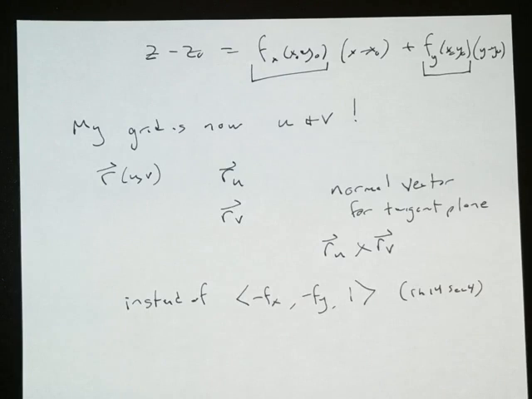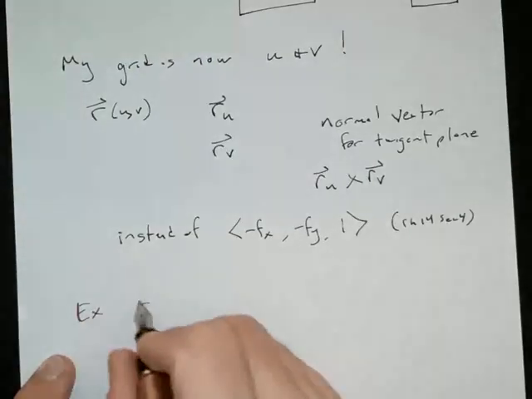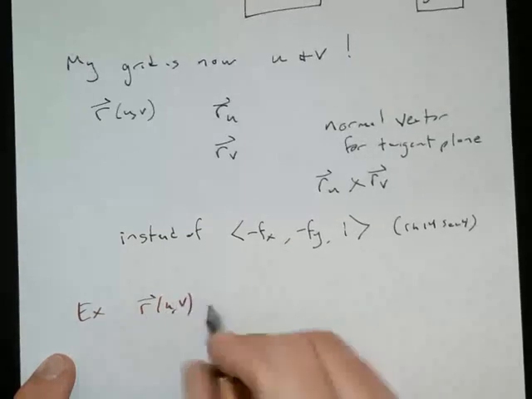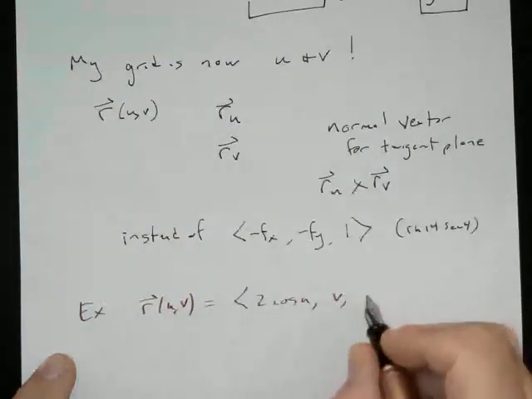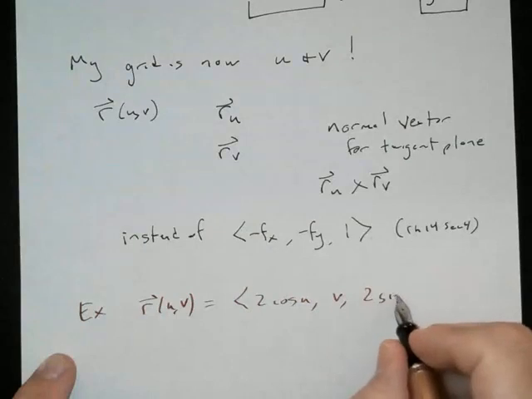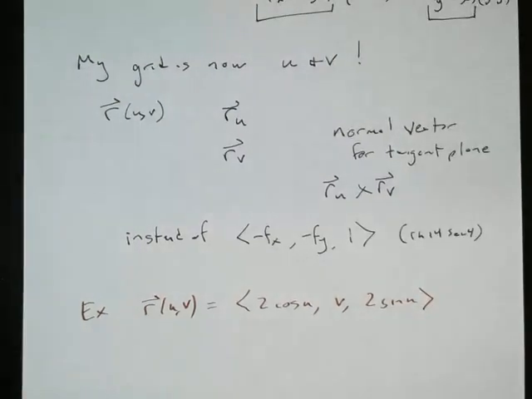An example. Let's go to the easy one we started with. Let's go to the cylinder. So remember, this is my shape.